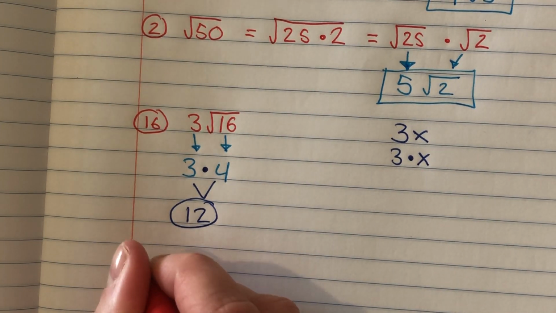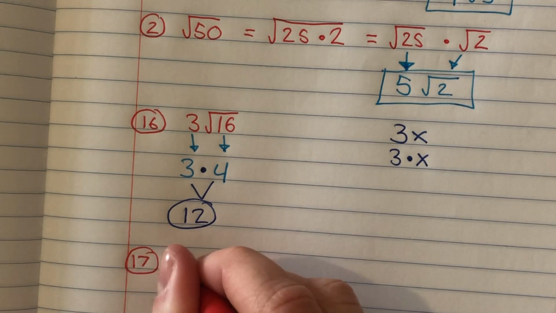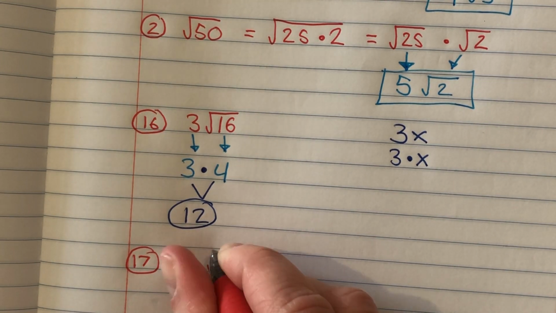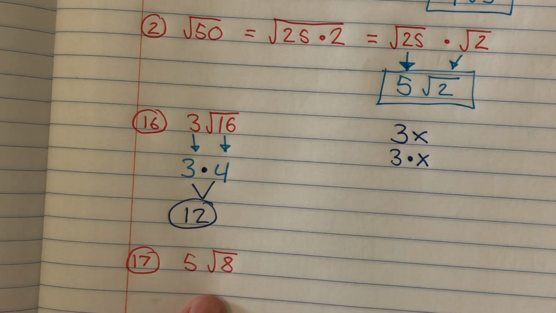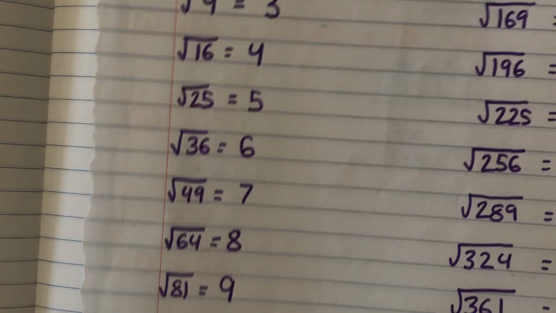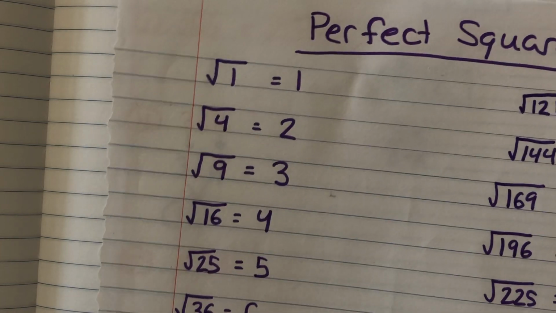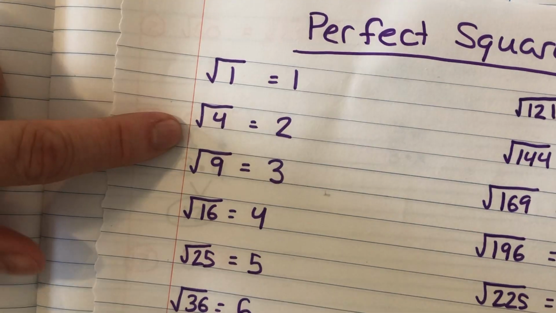Number 17 on week 9, lesson 1. Number 17 says 5 root 8. What I care most about right now is this radical 8. And is it divisible by a perfect square? Well, the only perfect squares that are smaller than 8 are 1 and 4.